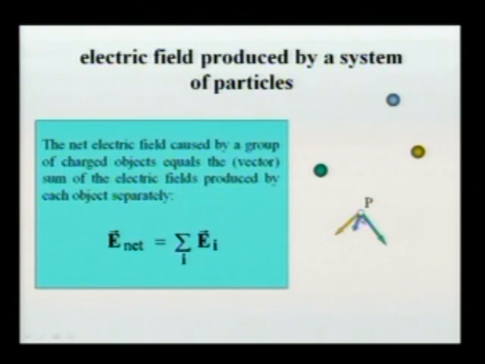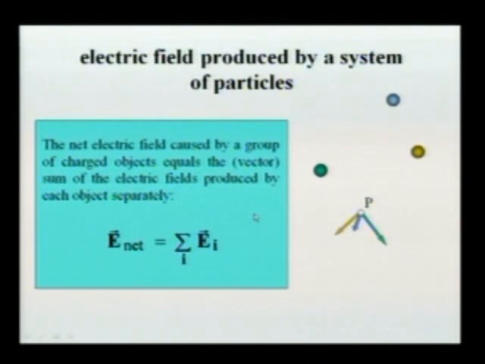Right? So that way I will find this vector. I can find this vector the same way, taking the charge of the blue particle, the distance from the blue particle to the point, and the unit vector indicating direction from that blue particle to the point of interest. And the same thing for that yellow one.